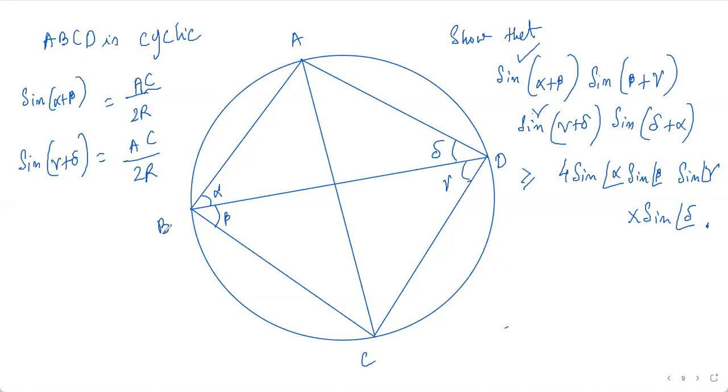So the question is, how do we get beta plus delta? Or alpha plus delta? Any idea?